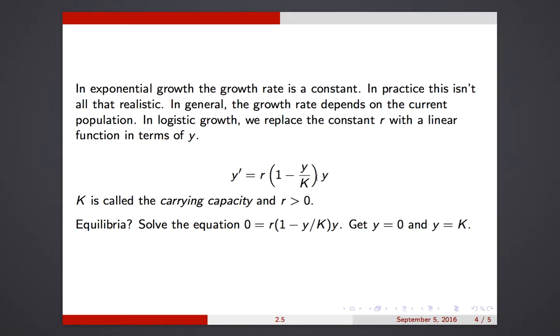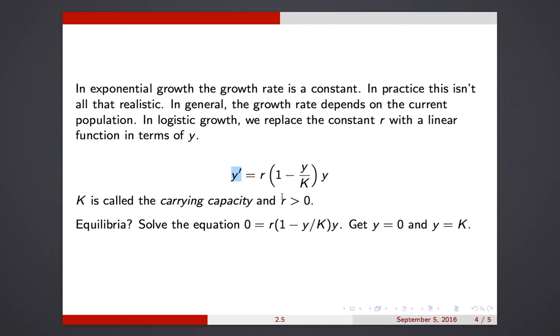So what are the equilibria of this system? An equilibrium is simply a constant solution. That's what you learned from that pre-class assignment. To find constant solutions, you're looking for solutions to this DE whose rate of change is 0, because if you are a constant solution, you don't change.